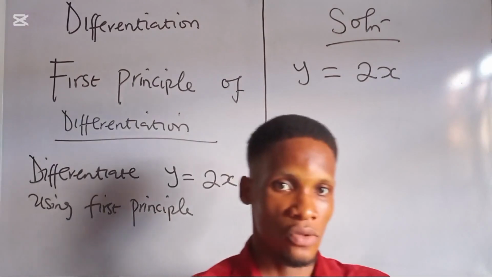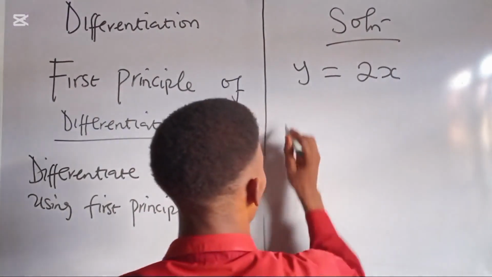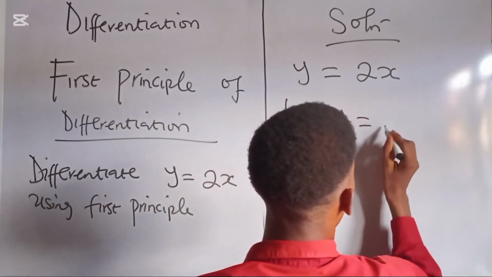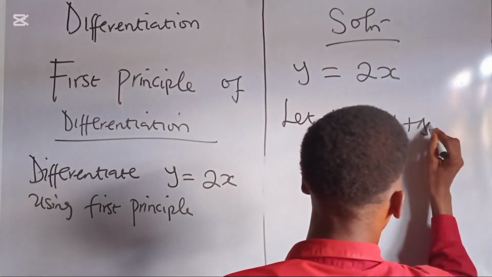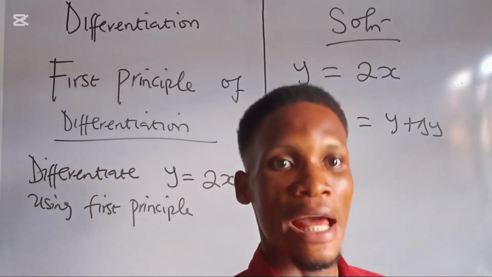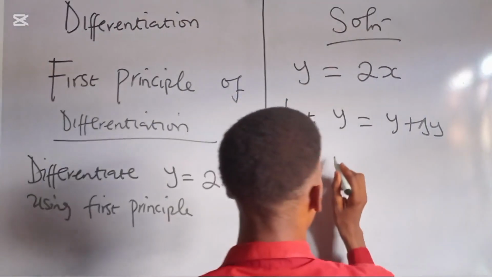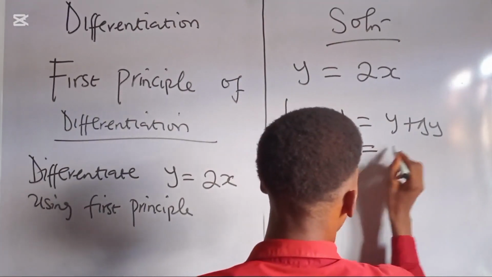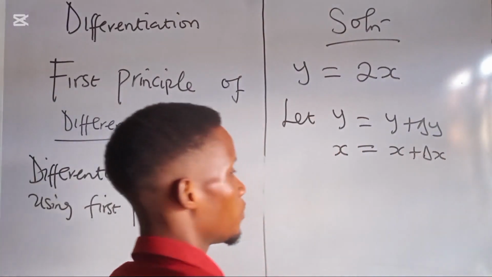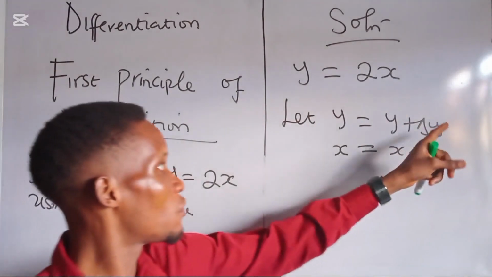Now we're going to do an assumption. You can say let y equal y plus change in y. That's the method. Then whenever you see x, you can also say let x equal x plus change in x. So then what do we do now?